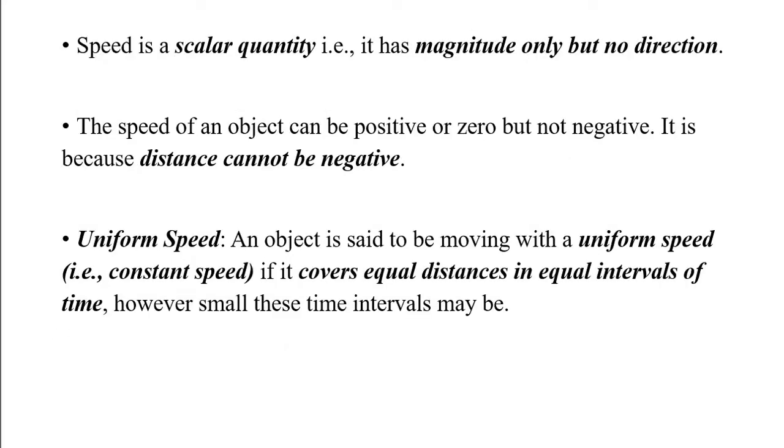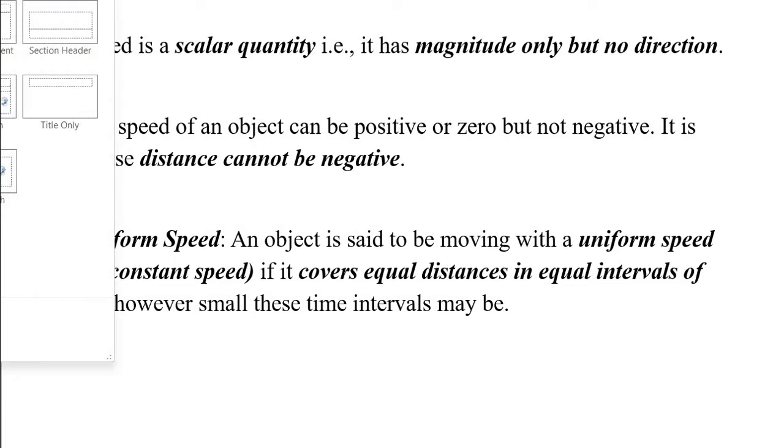Uniform speed: let us say we have an object, a vehicle or anything. It covers distance, and we keep track of how much distance it covers in equal intervals of time. At specific time slots, we take readings of the distance.